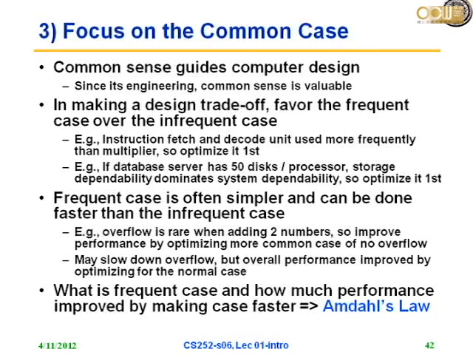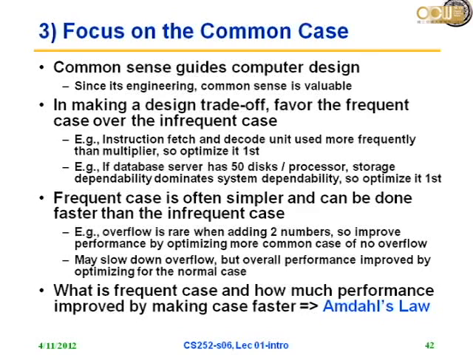And the rest are only a few percent of occurrence. Okay, so we don't care if we slow down overflow, since it's a rare case, but overall performance improved by optimizing for the no overflow case. So optimize your design for situations when there's no overflow.